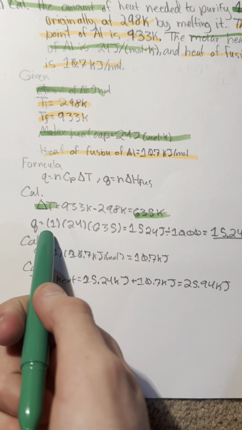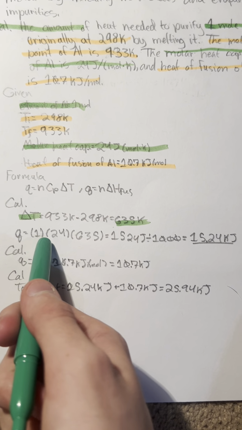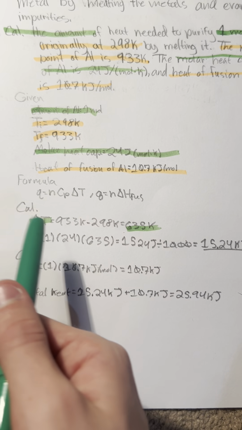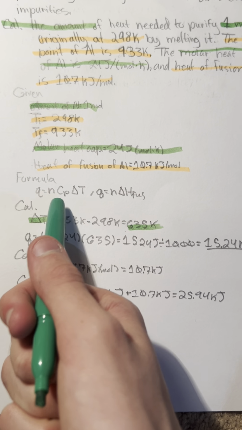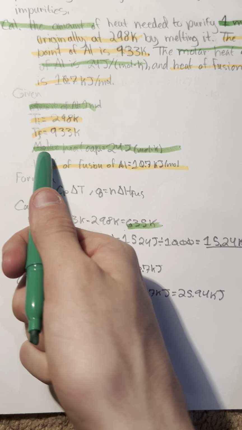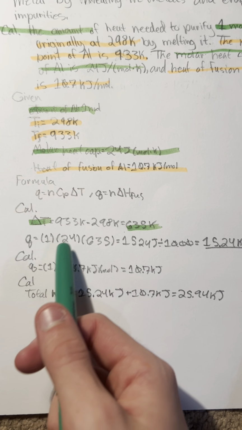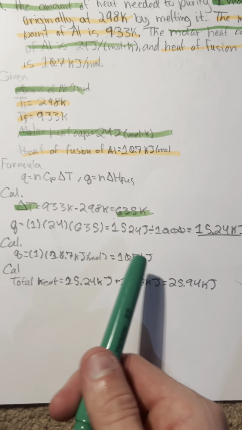Now you can just plug them in. This is where being able to identify that n is moles, that this Cp is 24, as stated, is the molar heat capacity. And we just did the delta T.